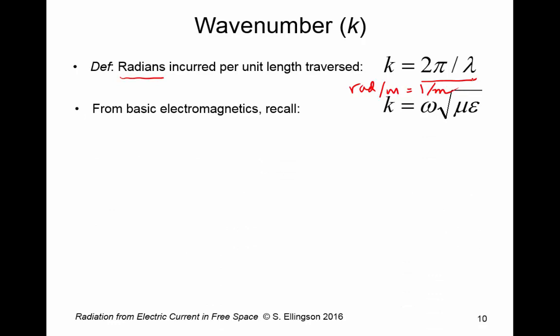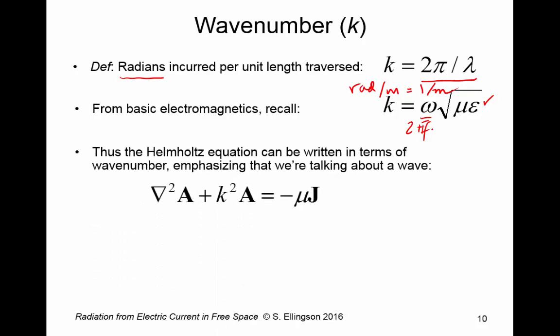From basic electromagnetics, we know that the wave number is related in a particular way to the constitutive parameters. That relationship is written this way: the angular frequency, that's 2 pi f, times the square root of the permeability times the permittivity. Now in the Helmholtz equation, we had omega squared times mu epsilon here.